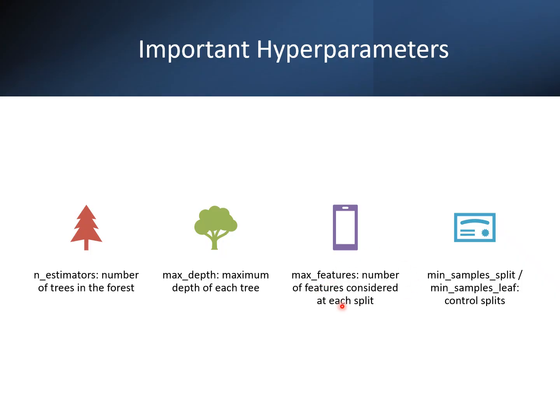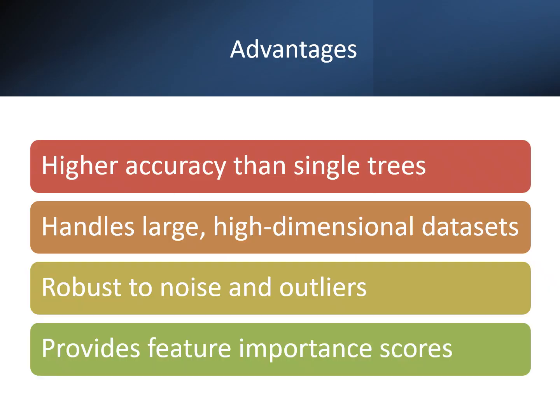But we can change that. We can decide to take maybe just 10%, or 20%, when we are doing that training, and we can also look at the minimum samples split and minimum samples leaf that control how they will split. We are going to see more of this when we are doing the lab sessions.